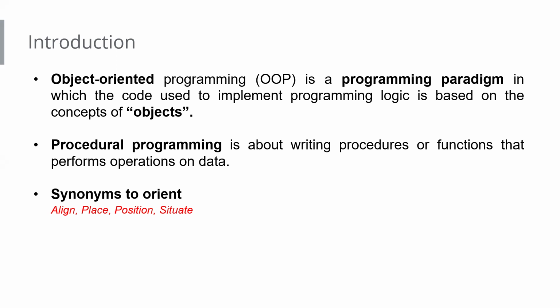A typical one, which we have been using behind the scenes, is what I have over here as procedural programming. This programming paradigm is all about writing procedures or functions that perform operations on data. So we were writing functions to calculate the area of a circle or the area of a rectangle, or even the system of equations.